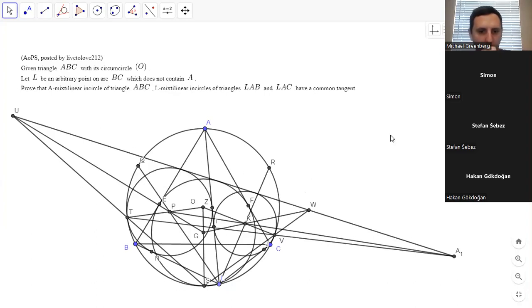Like if L is the midpoint of arc BC. So you think moving points works? The midpoint of arc BC, you can prove it? No, like the method of moving points. Oh, yeah. I mean, if we could prove for that, we could prove for others.